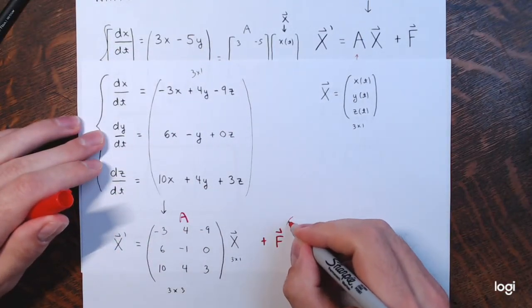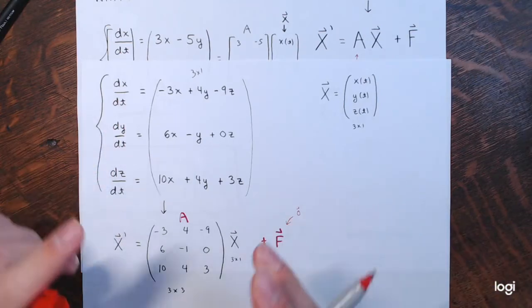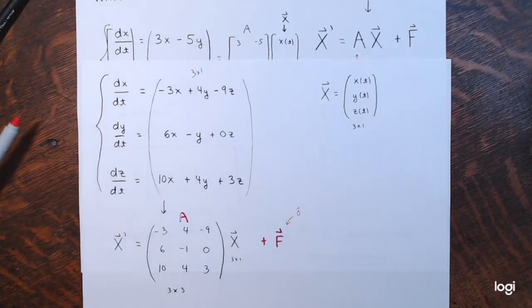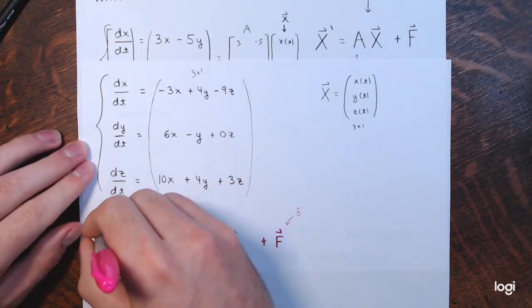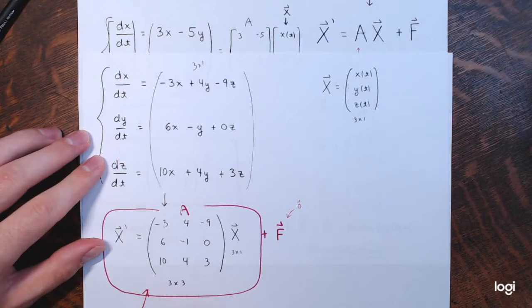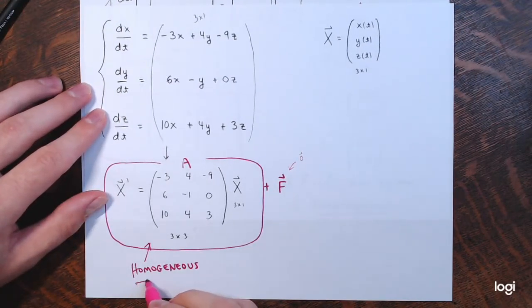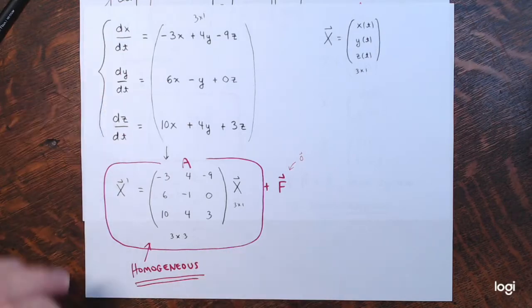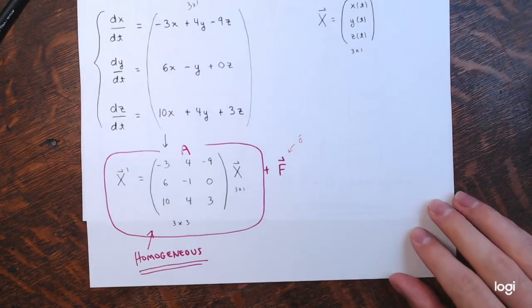And since this f is the 0 vector, we have another example of a homogeneous system. Oops, sorry, should have brought that up more. Homogeneous system. Okay. Again, pretty easy, pretty straightforward, pretty quick to do.